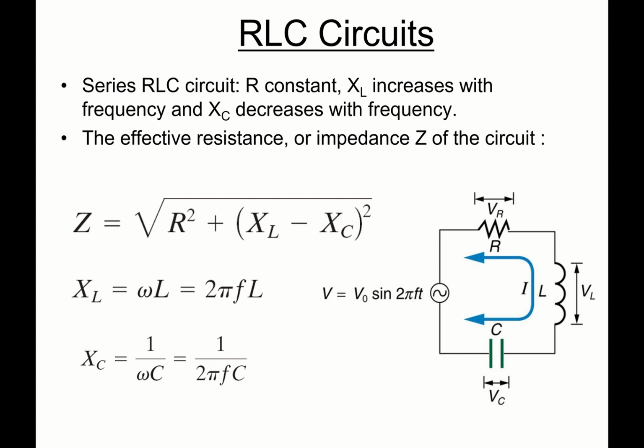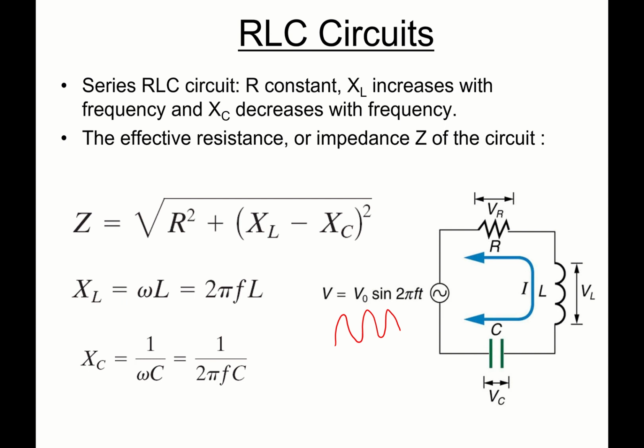So if I put all 3 of those components together in series in a circuit, then each of those components is going to behave differently with respect to the driving voltage. The driving voltage is going to create a current that goes back and forth, like a sine wave, through the circuit, and the voltage across each of those components is going to behave as we discussed, either in phase, ahead, or behind the current.